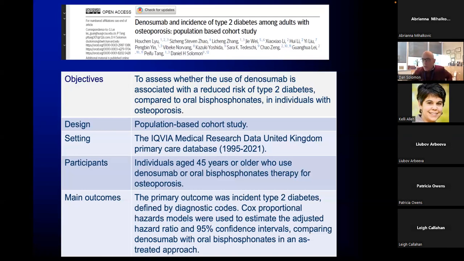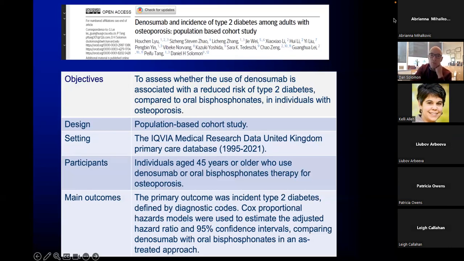And there's been small studies that say that denosumab might have some effects on type 2 diabetes risk, but we actually talked to Amgen, the maker of denosumab, and they said, we're not going to run a randomized trial. Be my guest to do an observational study. So we decided to pursue it this way.